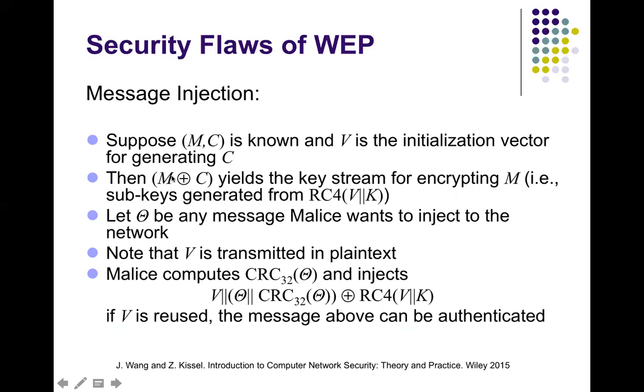Then you do M exclusive OR C, which gives the key stream used for encrypting M, right? So you use the sequence of substrings.